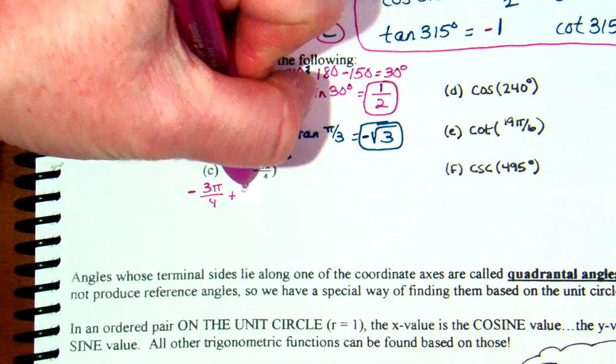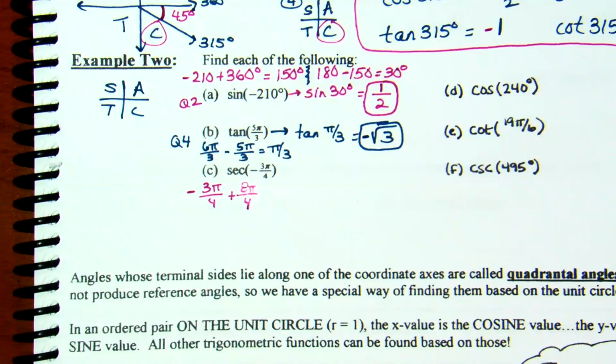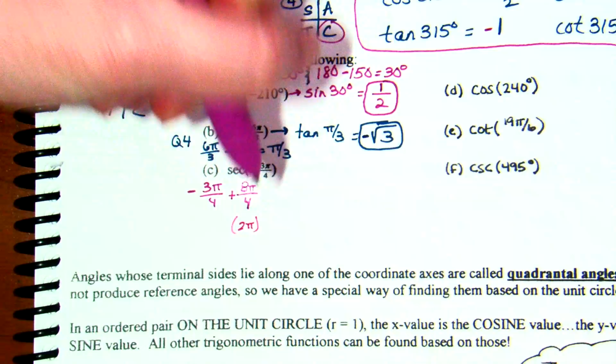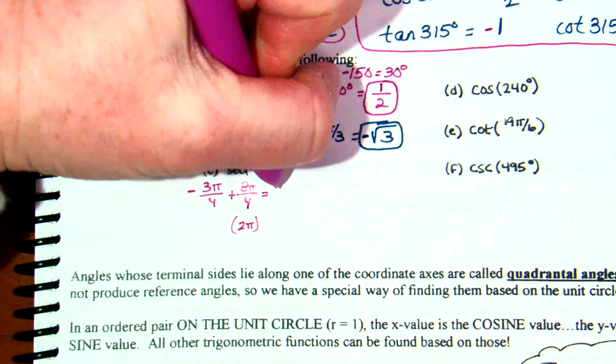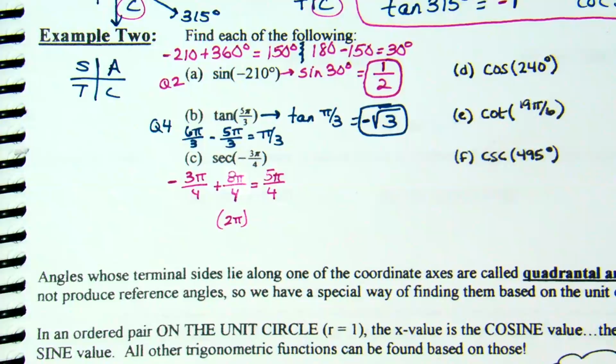You guys agree? 8 pi over 4? Because we're looking for a coterminal angle. We're going to add once around the circle, kind of like adding 360 earlier. So 8 pi over 4 is our equivalence to 2 pi. Negative 3 pi over 4 plus 8 pi over 4 is 5 pi over 4.